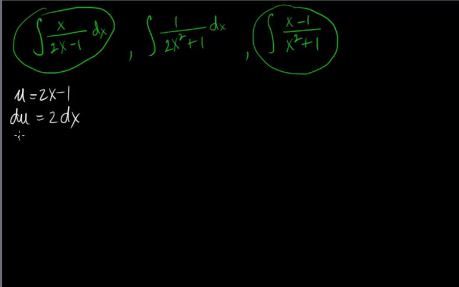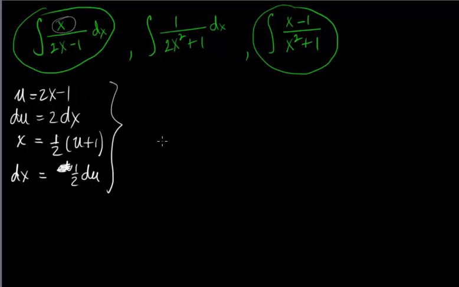So I need to solve for x because I see it here. So x would be 1/2 times u plus 1, solving for x, and I'm going to need dx, so I might as well just write dx is equal to 1/2 du.